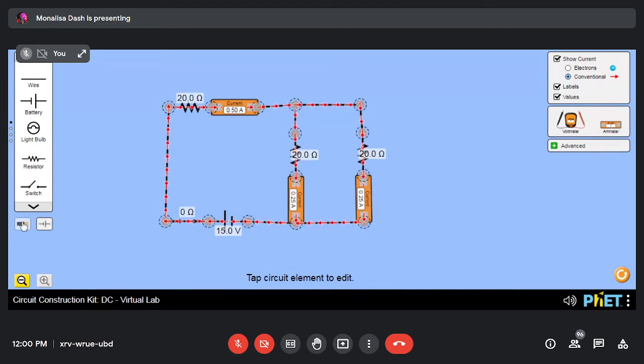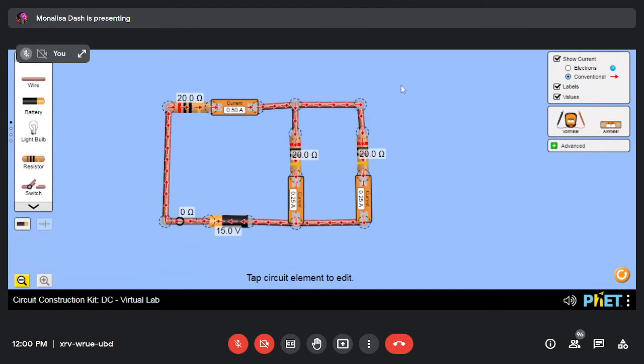Then click in this mode. Then you see what are the current values. First, this is the I current. To verify KCL, what we have to do? This is the junction point. From here the current is divided.